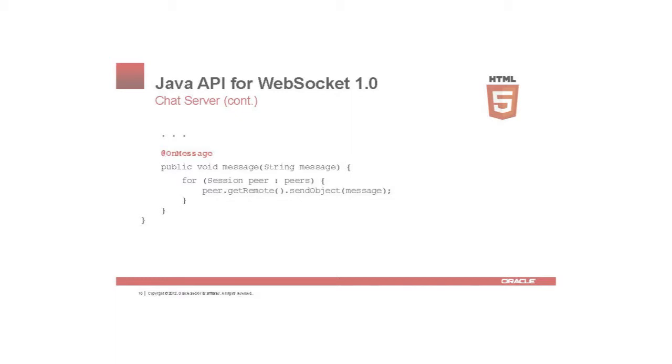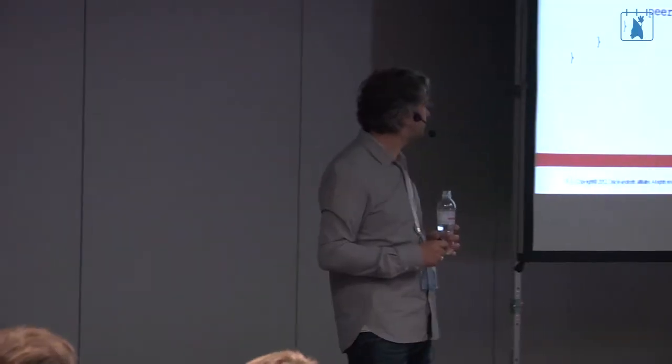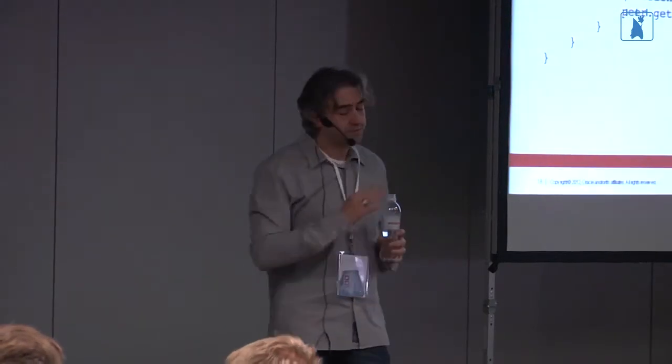In this case, we just take the payload that is being sent, that we get here, and send it back to all the endpoints that are connected. So you see, we couldn't do it more simply than that. It's very easy to understand, and that is the backend side. On the client side, you can use, for example, an HTML5 JavaScript API, and that will work.